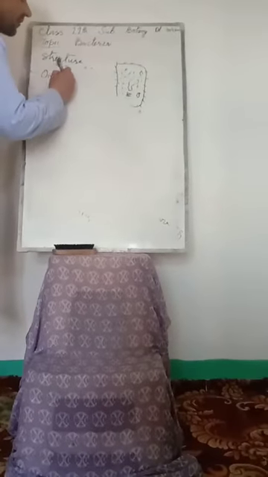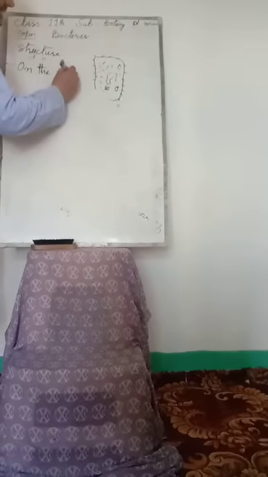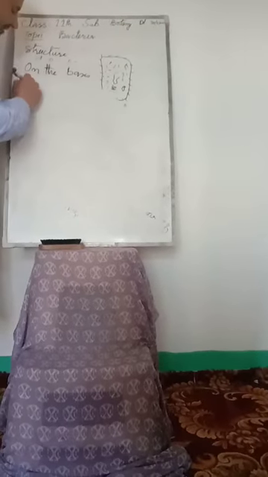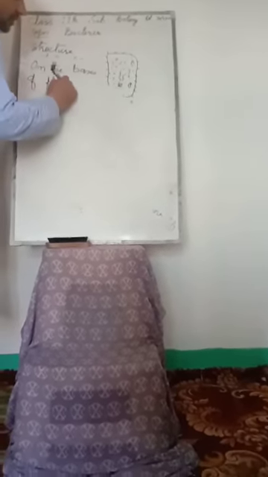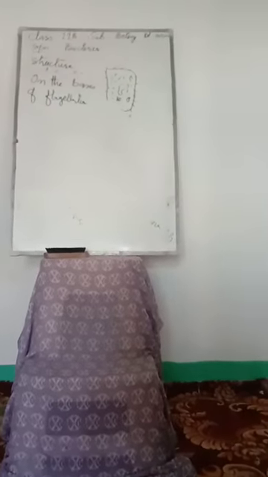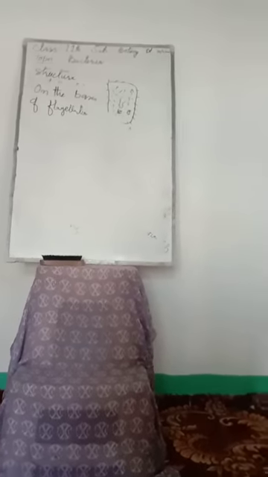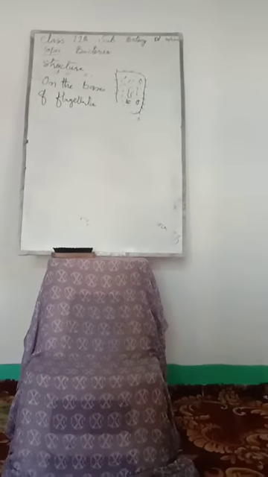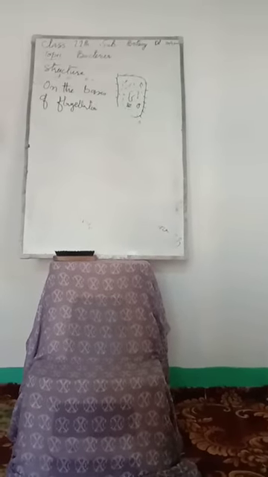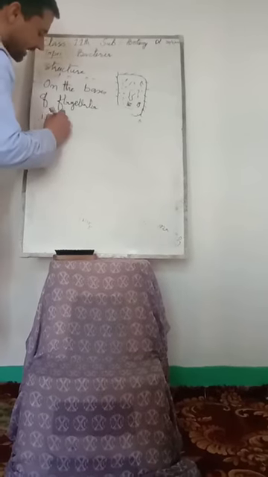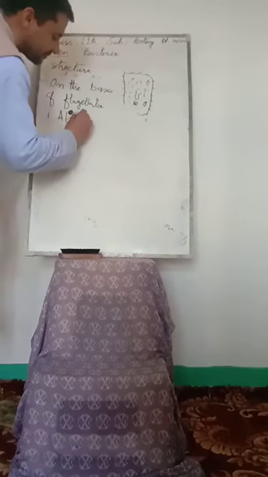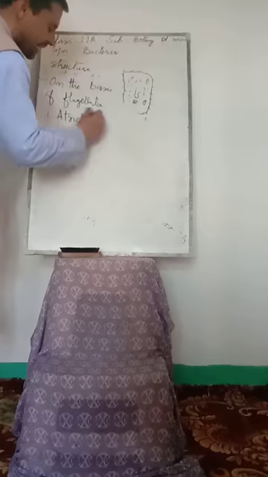On the basis of flagellation, there are various types of bacterial cells. For example, number first, Atrichous bacteria.